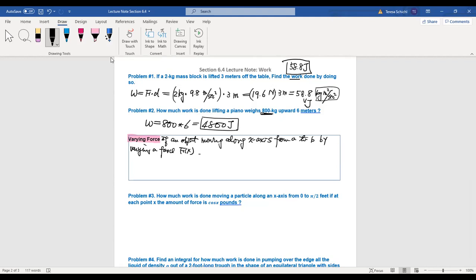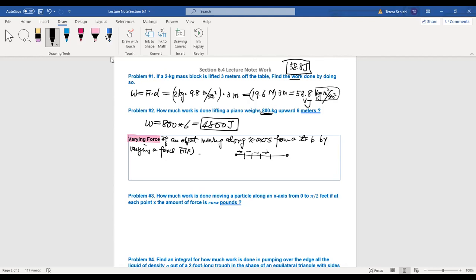So just like we talked before, right? I'm moving an object from here to here, but my force here is not a constant. So sometimes maybe I push more in this interval, now I'm getting tired, I push less, then even less, then after a good rest, I push more.